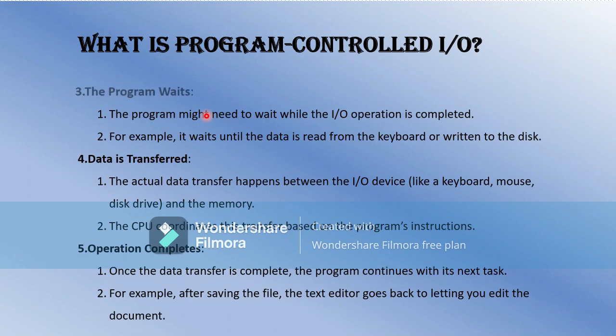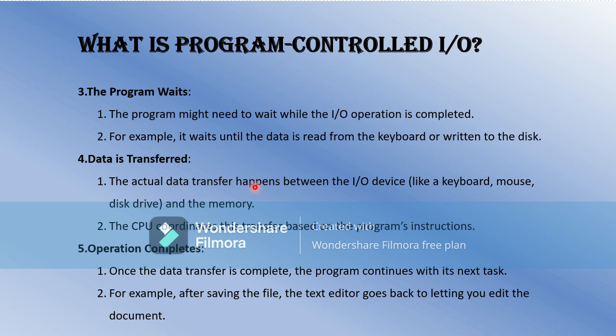The next one is the program waits. While the CPU handles the request, the program might need to wait for the I/O operation to complete. For example, it waits until the data is read from the keyboard or written to the disk. The next one is data is transferred.